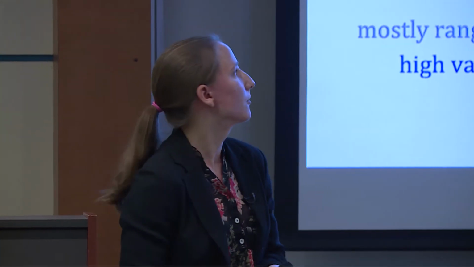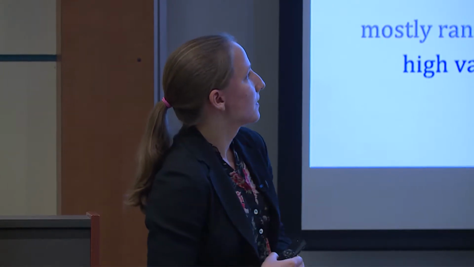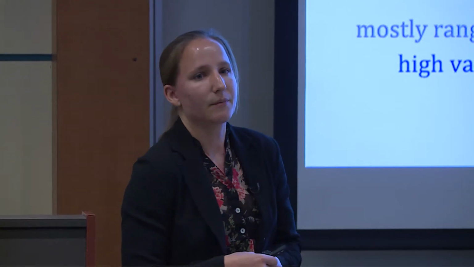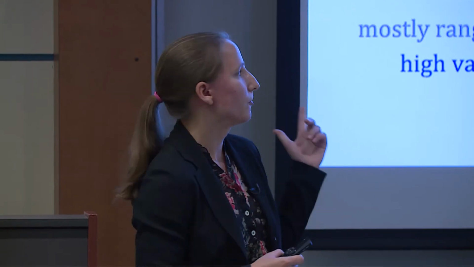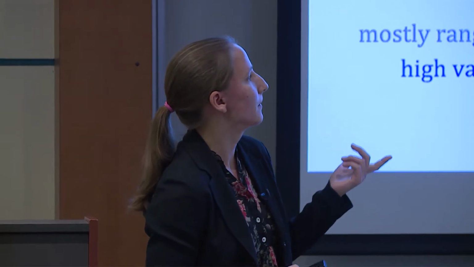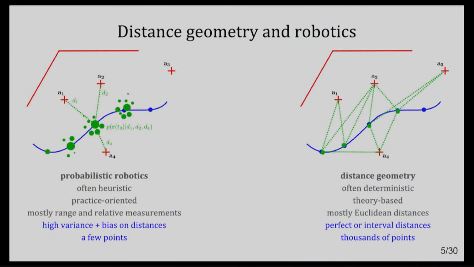Now, to put this a bit into the context of distance geometry, we think that this is an interesting research area because it feels like these two fields have grown kind of independently. So we have on one side the probabilistic robotics point of view where quite often we use heuristics. It comes from practice. Many of the methods are very practice-oriented, and they actually work with real robots.